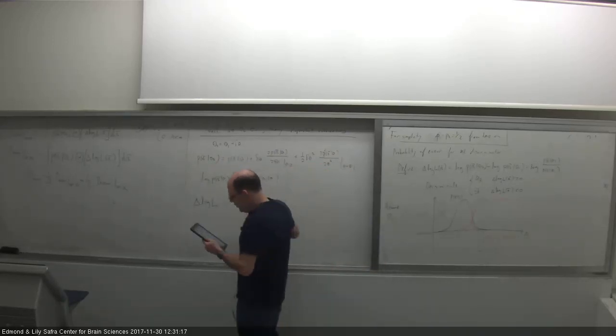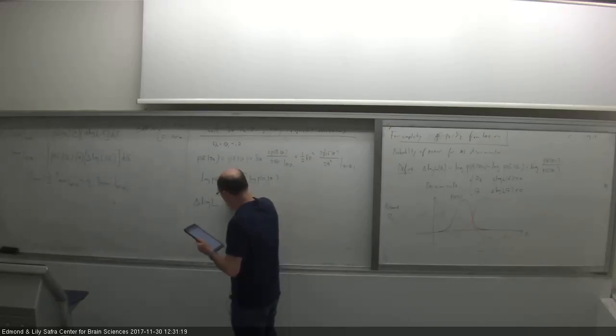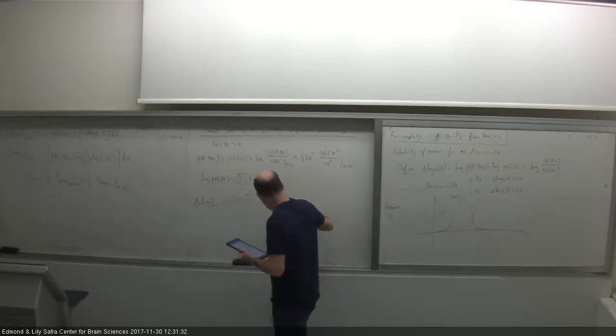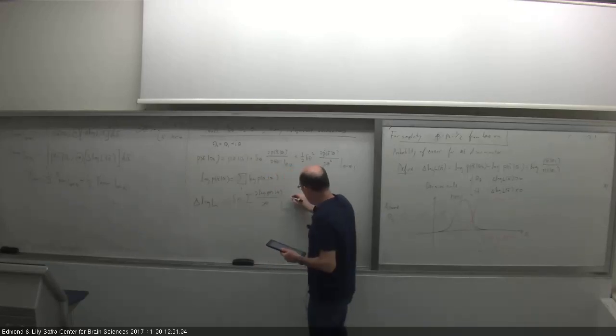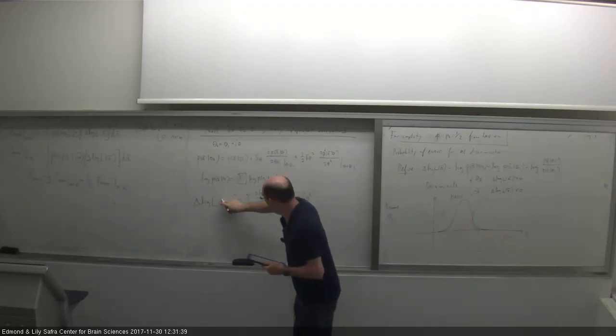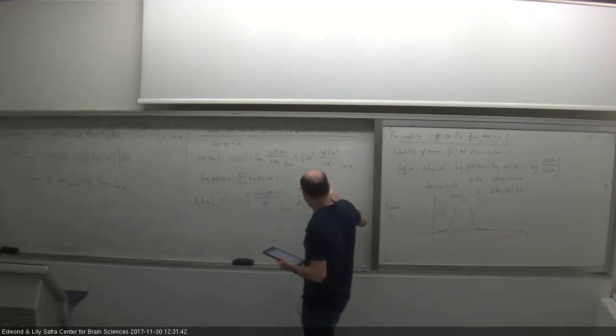So delta log L, I can write as delta theta times sum over i of d log P of R_i given theta with respect to theta at theta equals theta 1, plus half delta theta squared times, and let's put here approximate, delta theta squared, sum over i. Okay, good.